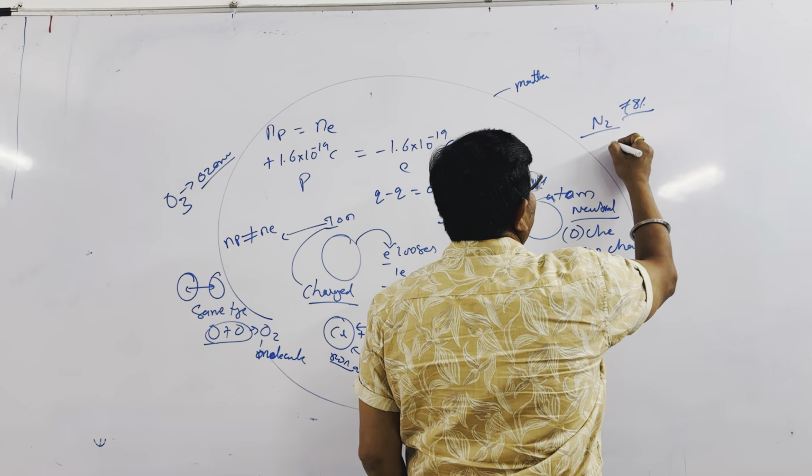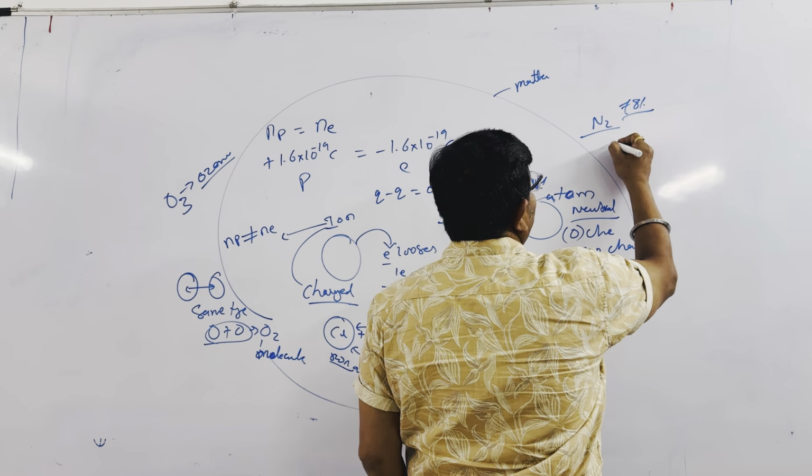If atom loses electron, it forms cation. This is called ion. In ion, number of protons is never equal to number of electrons. That's why they are charged particles. Ions are charged particles. Okay. So any atom that loses electron forms cation. That is a positive charge ion.